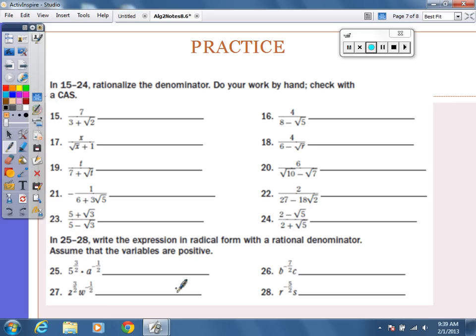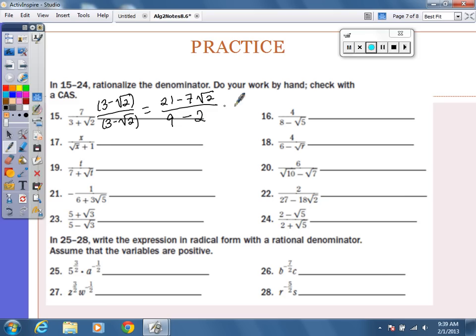Alright, on the back it gets a little more complicated. Multiply here by the conjugate, which is 3 minus square root of 2 over 3 minus square root of 2. And I get 21 minus 7 root 2 over 3 times 3 is 9, plus 3 root 2 minus 3 root 2 cancels out.